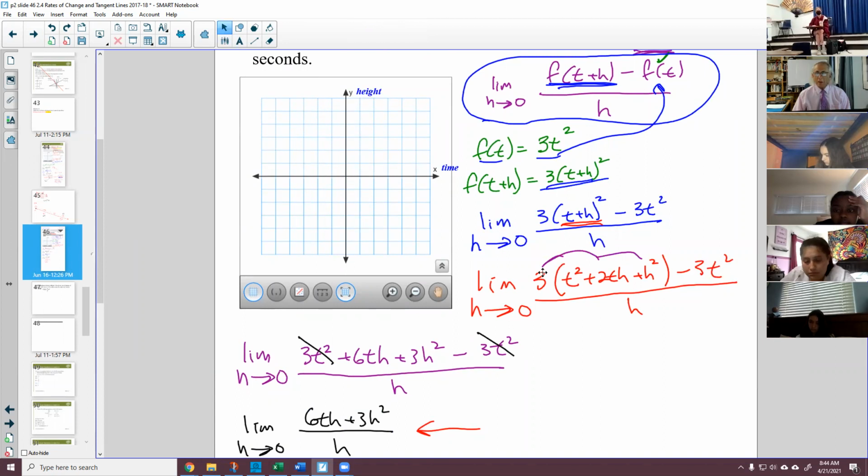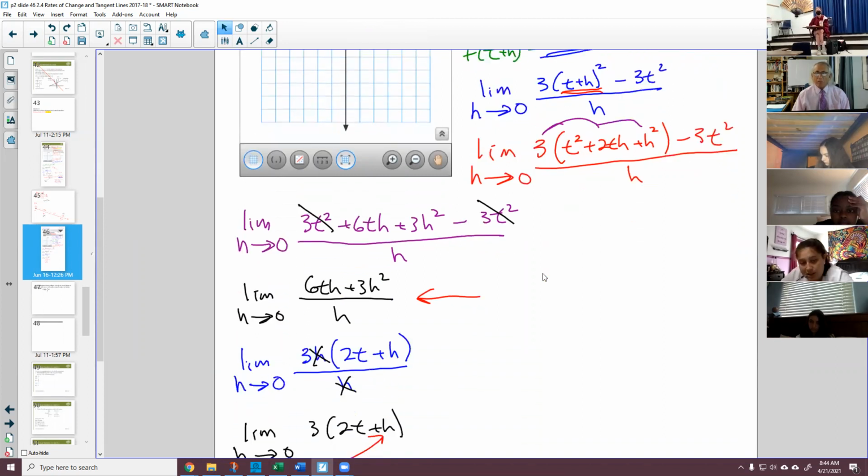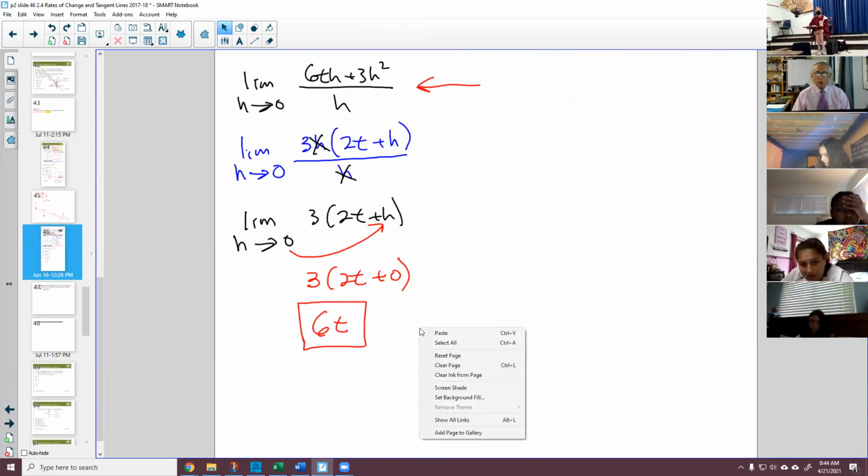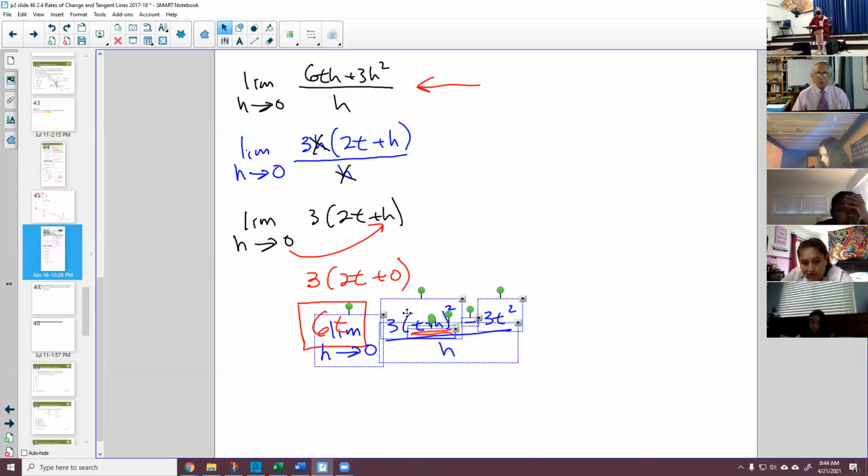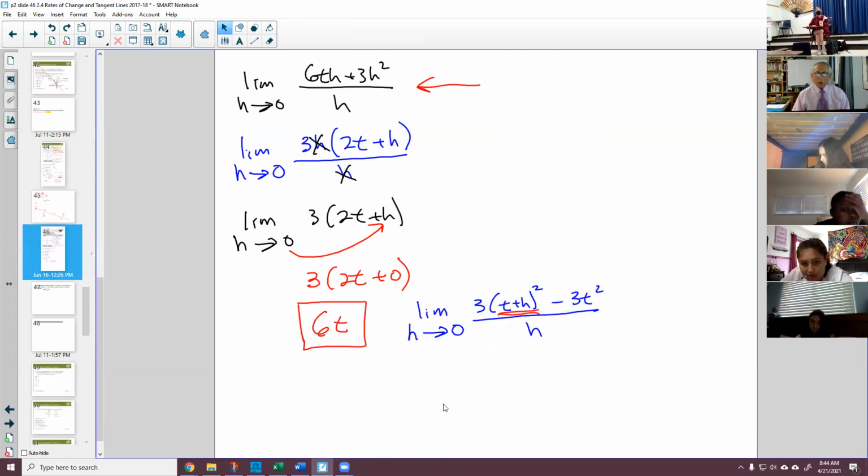And we just did that step by step, working some algebra until we got down to 6t. These two things are equal, believe it or not. 6t is equal to this whole big thing. We just did some algebra to simplify it.